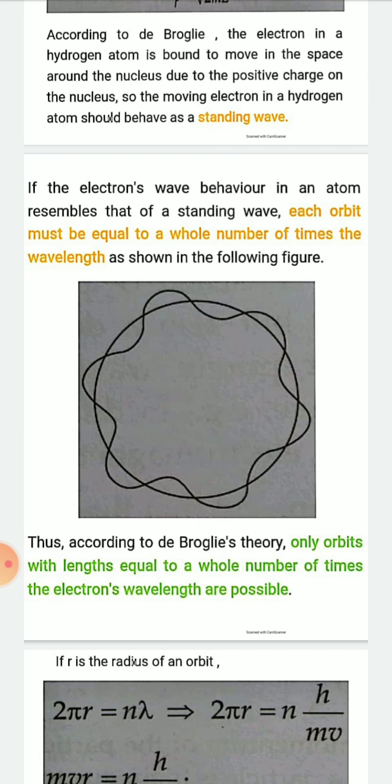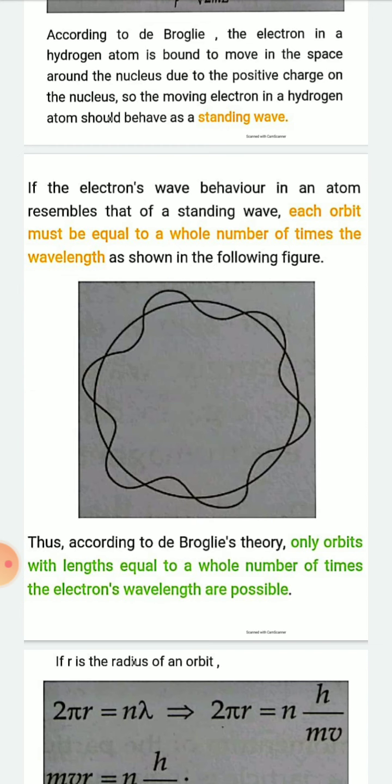In this figure, the electron is revolving in a circular orbit, and if you calculate the total number of full wavelengths, you will see that 1, 2, 3, 4, 5 and 6, a total of 6 wavelengths cover the entire circular orbit, that is, the circumference of this circular path.